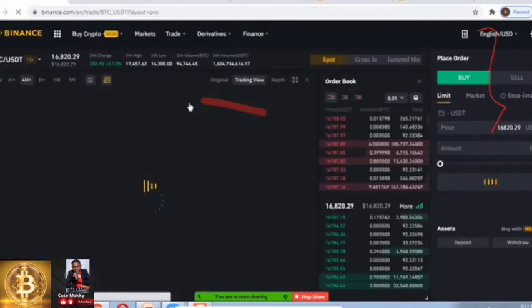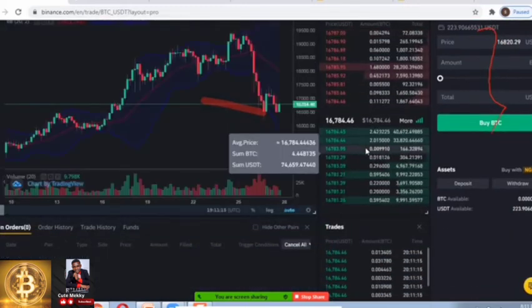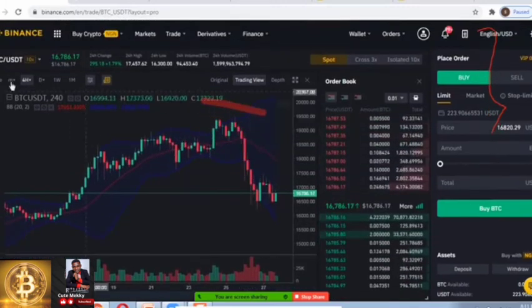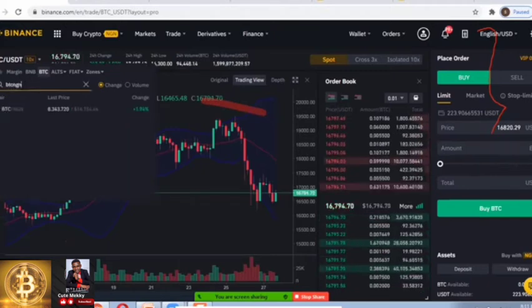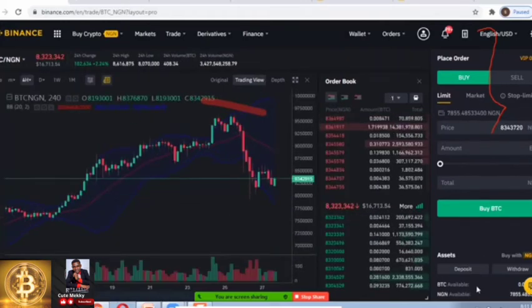As you can see here, if I click on market here, and I click on BTC NGN, you will see my Naira will reflect here.